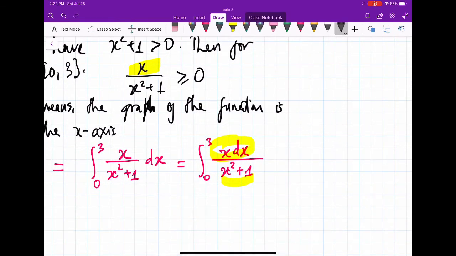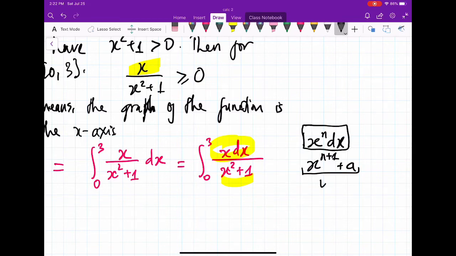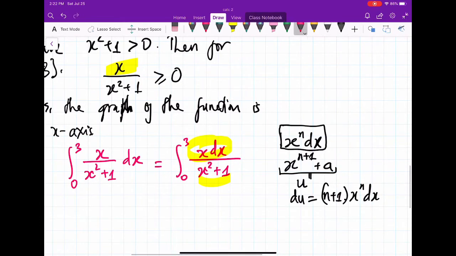In Calculus 1, we learn x to the n dx and x to the n plus 1 plus some number a. When you have something like that in your integral, you might think about substitution, because when you put u equal to this part and differentiate u, you get n plus 1 times x to the n dx. So we have to pay attention to this and this.